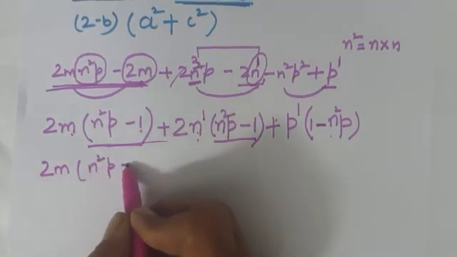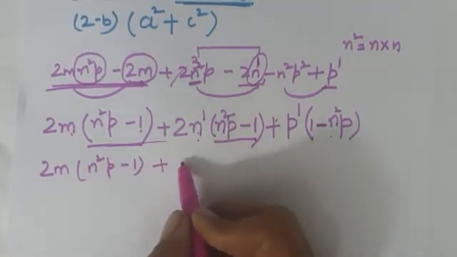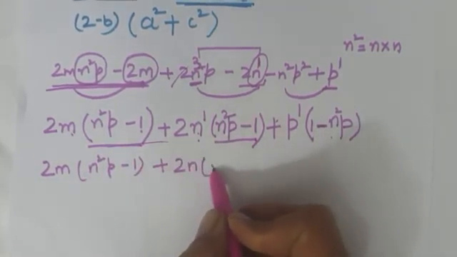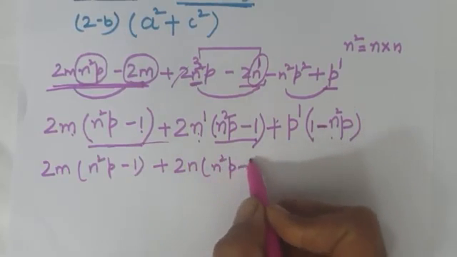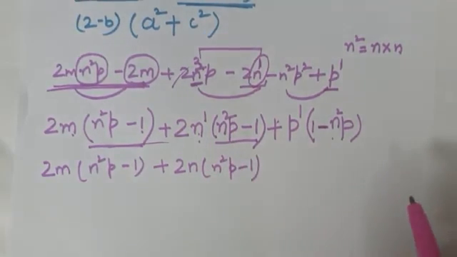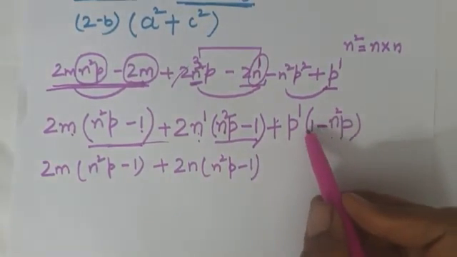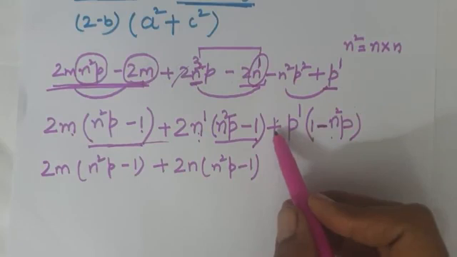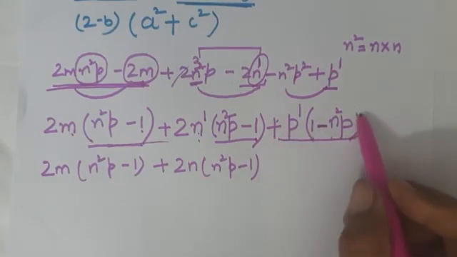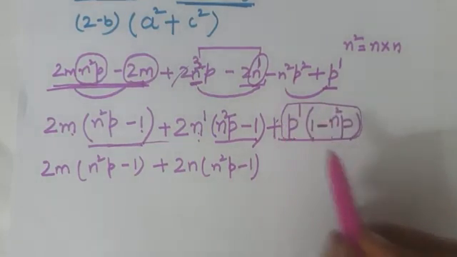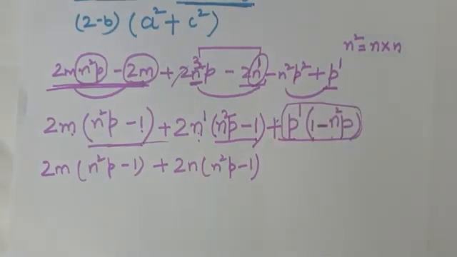Let us write all this as such first. n square p minus 1. Now what we will do? We will multiply the whole term with negative sign. Or you can also say that take negative sign common.